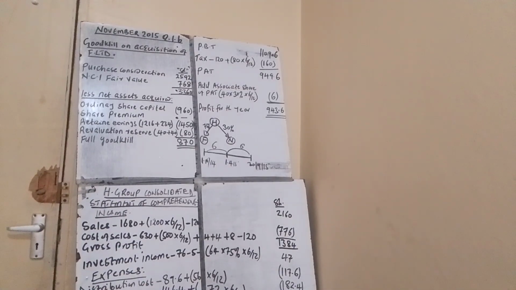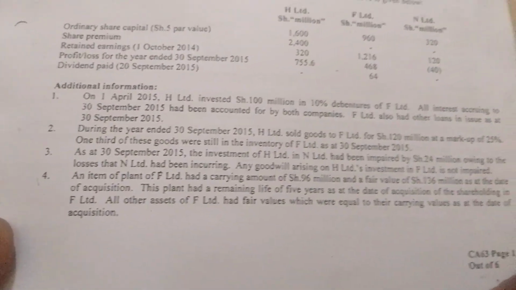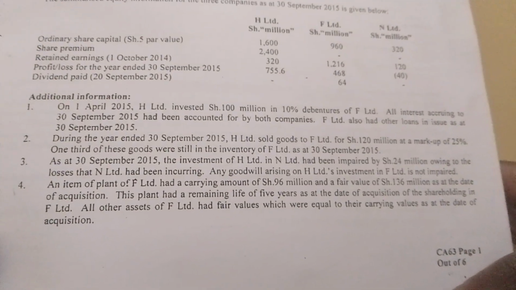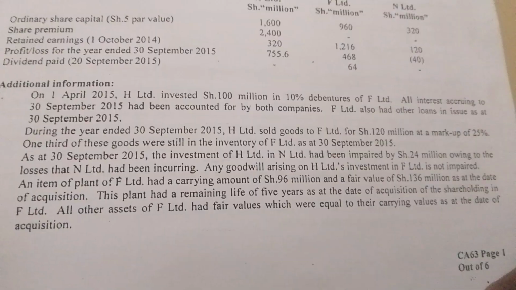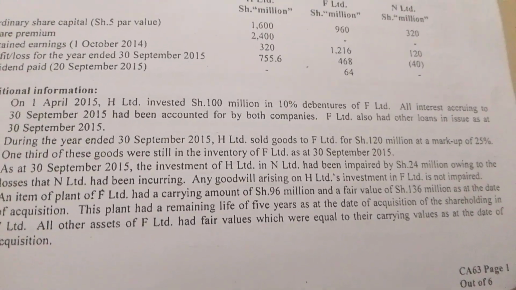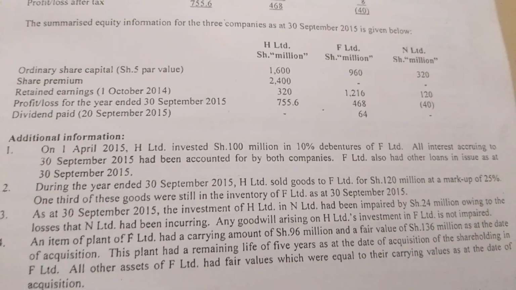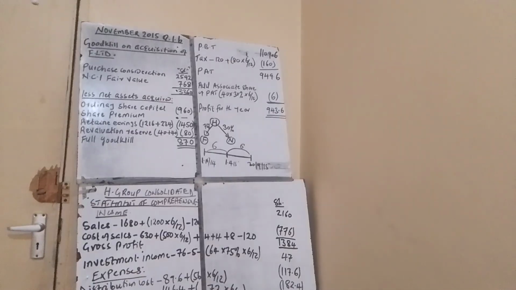The 120 is in additional information number 2. Number 2, you can see what we are told. That during the year ended September 2015, H Limited sold goods to F Limited for shillings 120 million. So you can't sell goods to yourself. So you eliminate that particular figure.